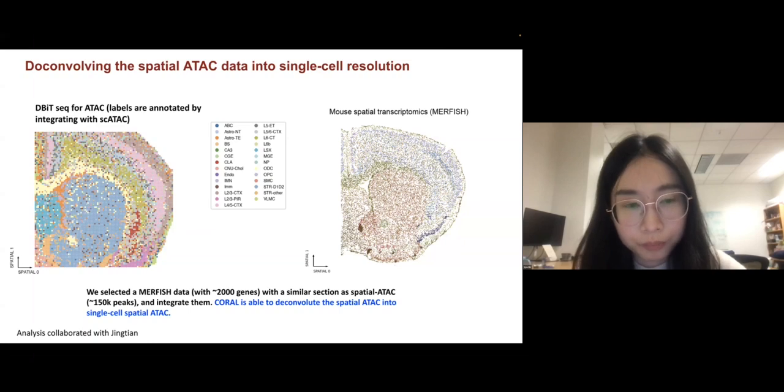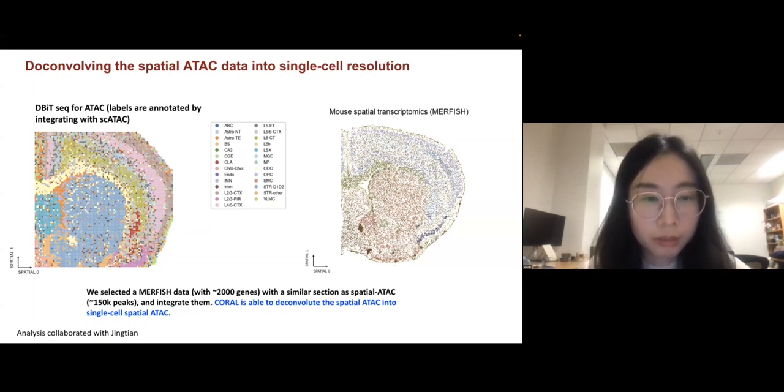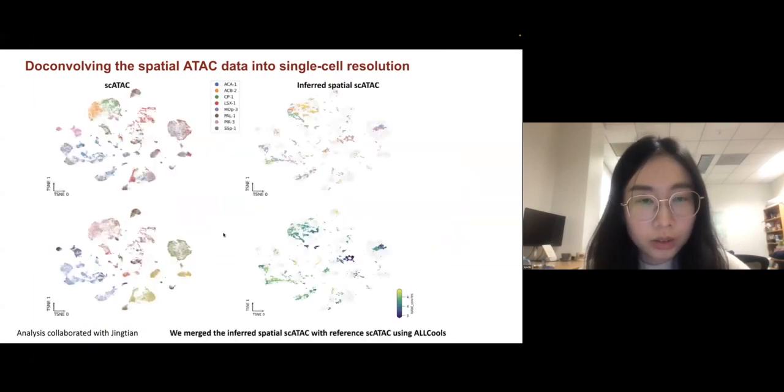We want to integrate it, and because we don't have any references, we first found references from MERFISH with very similar structures to these slides, and we tried to integrate with CORAL. We use a method developed by Jin Tian called OQUALS.